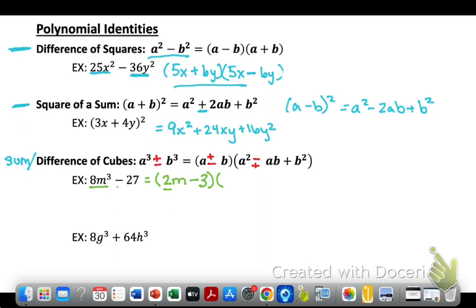You square the first thing, so 4m squared. Opposite sign. Plus. Multiply these two together. 6m. Always plus. Square the last, because -3 times -3 is 9. So it's always addition on the end, because a negative times a negative is a positive.